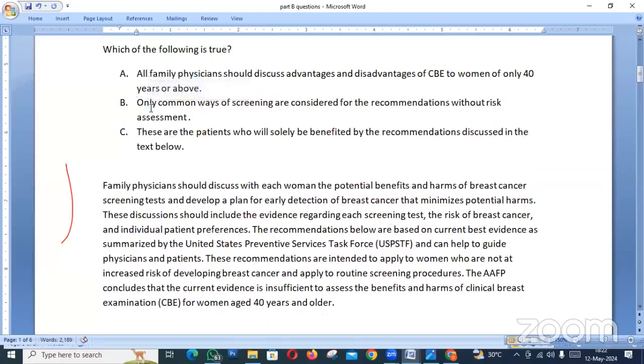Yeah, we know, it's a bit clearer, okay. Only common ways of screening are considered for the recommendations without a risk assessment.